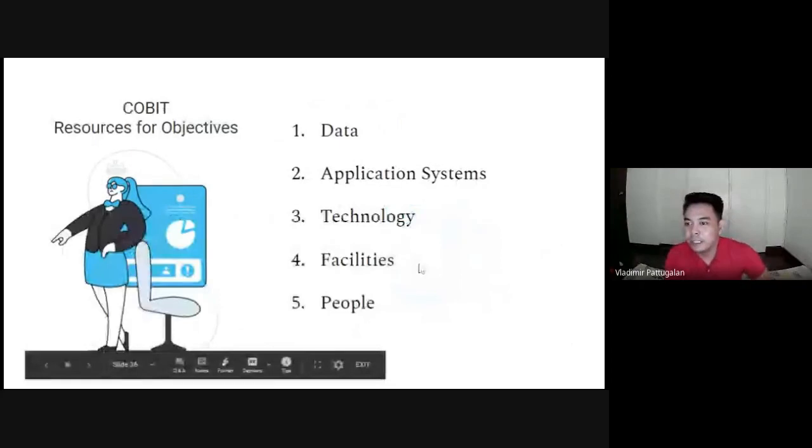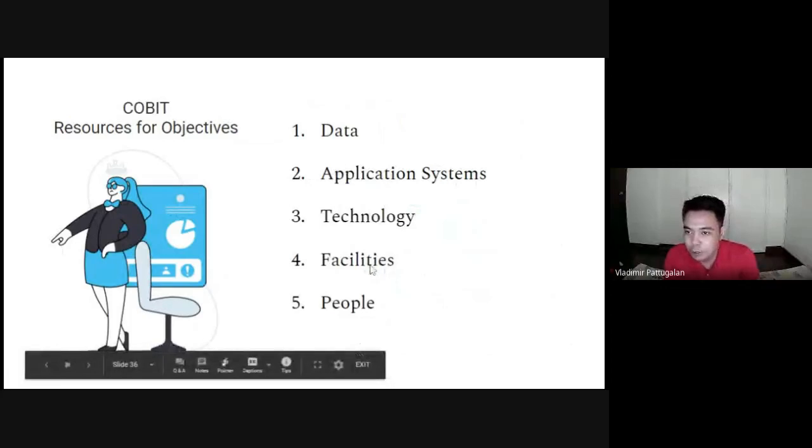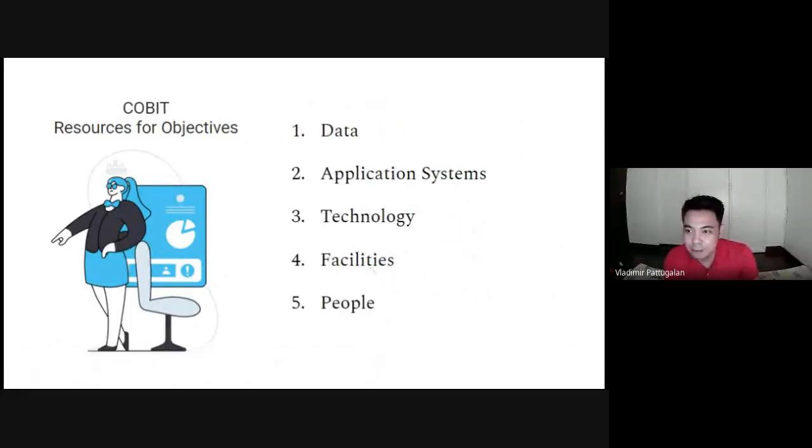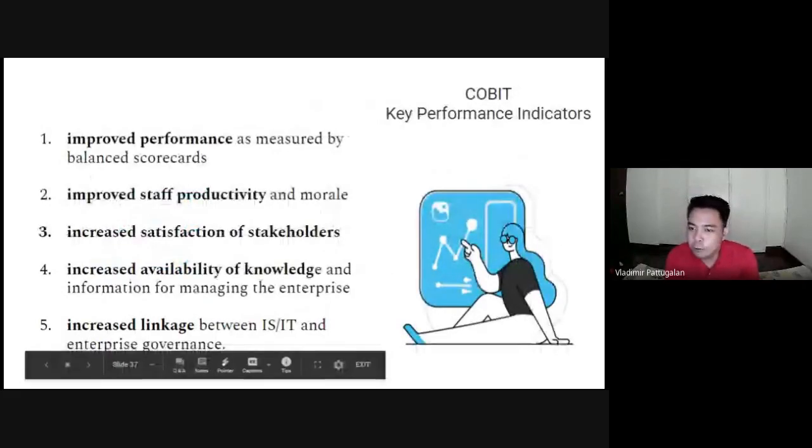And also here are the 5 resources and objectives of COBIT. So the first is the data, application systems, next, technology, facilities, and people. So how do we know if the COBIT actually performs well?